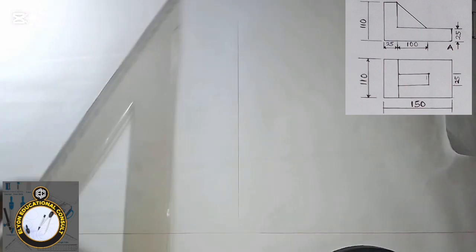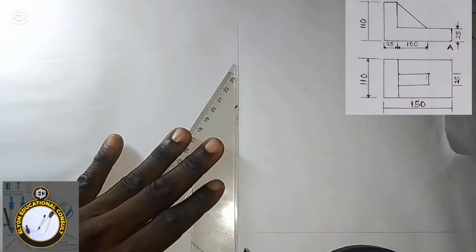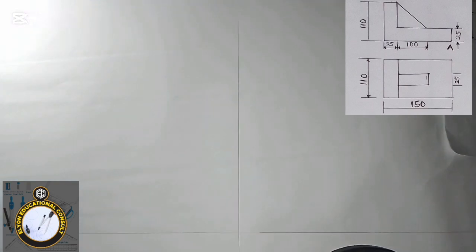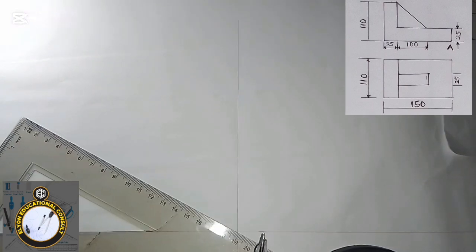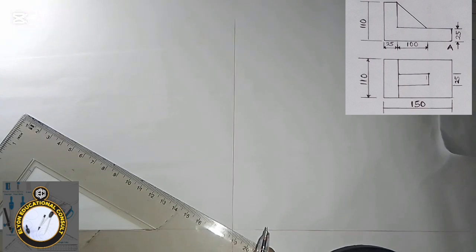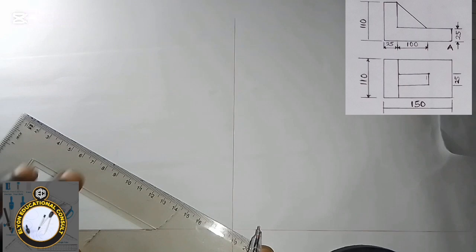Then I can bring that line down now, receding lines.